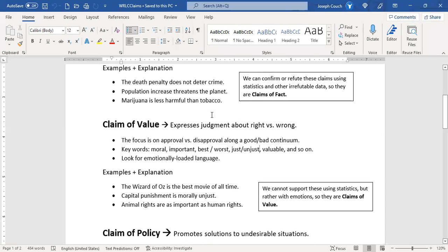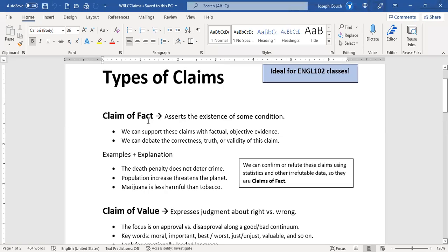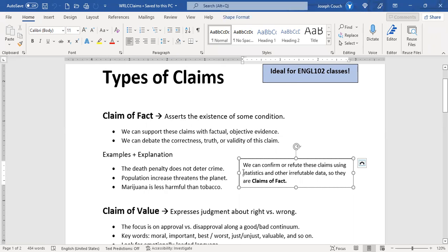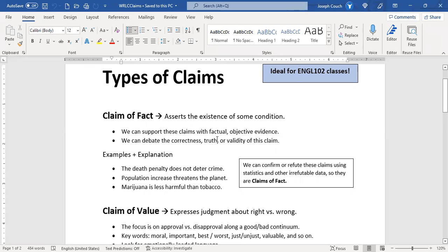And in the handout, you have the name of the type with the little flow chart arrow with this essential definition, how they are often used and supported, some examples, and then a handy box on each side to explain how we might see them in terms of what could support them, what they are trying to support in an overall argument.